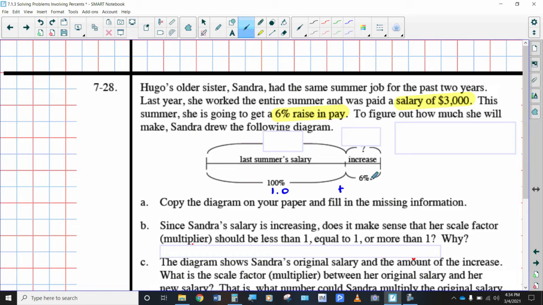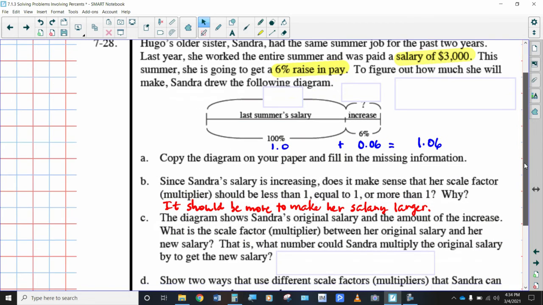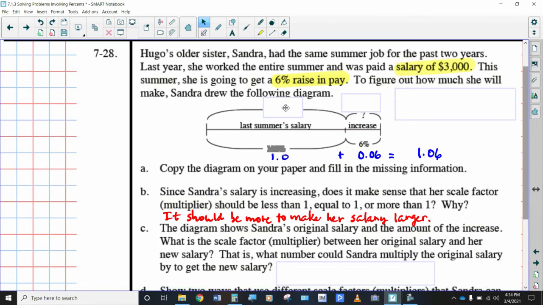Plus, she's going to make an additional 6%, which is 0.06. So doesn't it seem like her multiplier should be 1.06? So I would say the answer to this question is it should be more than 1 because we're going to make her salary larger.